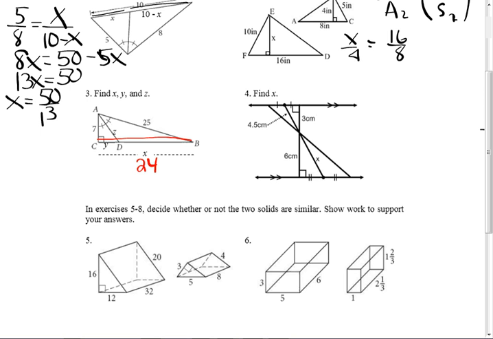Okay, so now to get y, I have to go 7 is to 25 as y is to what? If this whole thing's 24 and this little part's y, how big is this part that's left? 24 minus y.